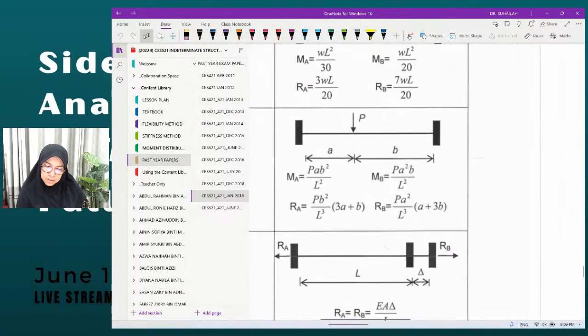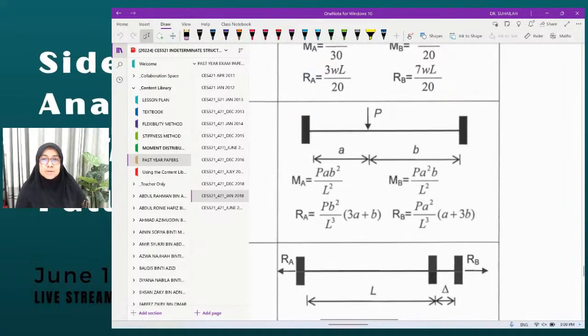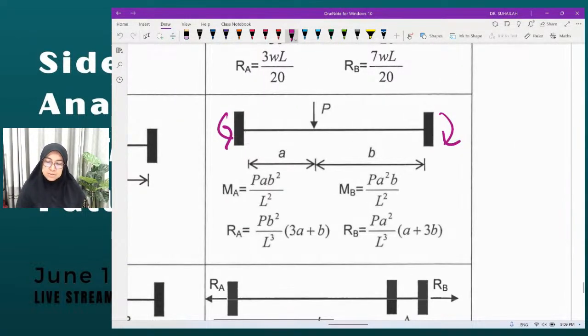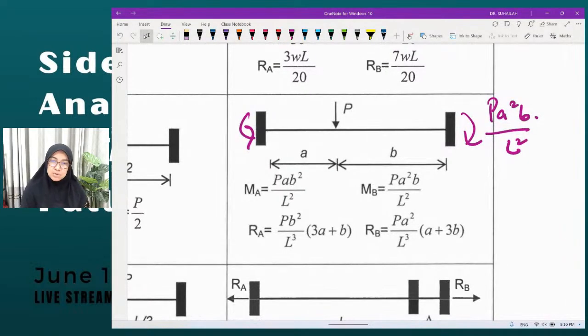This is PAB squared. Can you see it? This is PA squared B over L squared. So at the left side, it is PAB squared over L squared. That is the formula.